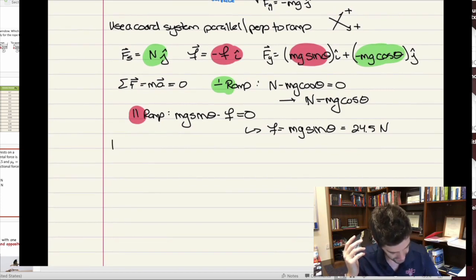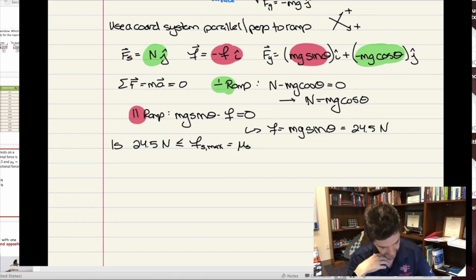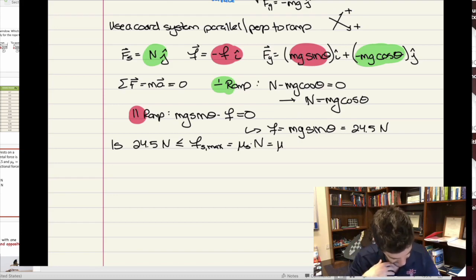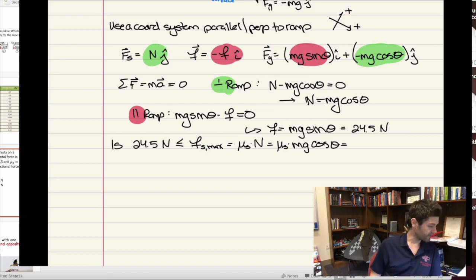So then the question is, is 24.5 newtons less than or equal to the max value of the friction force when it's static, which is the static coefficient times N, which is the static coefficient times mg cosine theta? Because we figured out what the normal force was in the previous part.